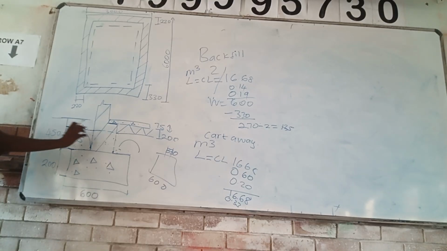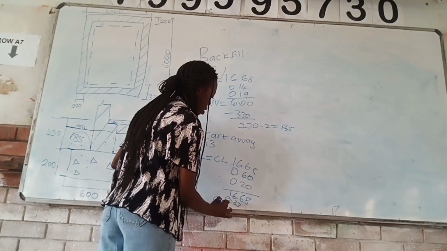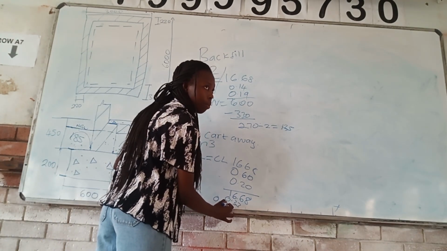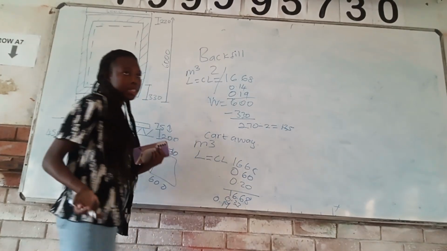It is the soil that has been replaced with the wall. And the wall is not 185, the wall is 185 plus 200. But remember that cutaway is soil again, so you can't exceed the initial ground level. That is why it's limited to 185 only. So it's 0.19. 185 is equal to 0.19.